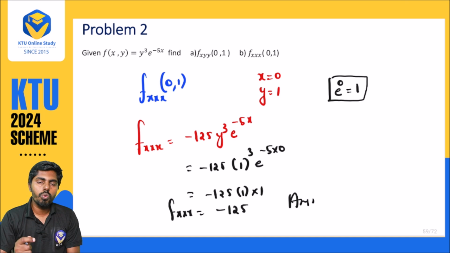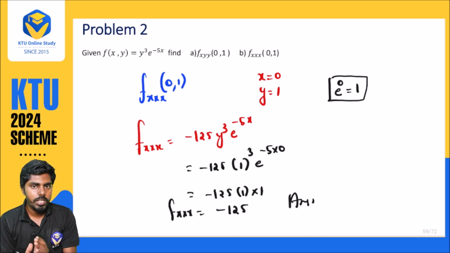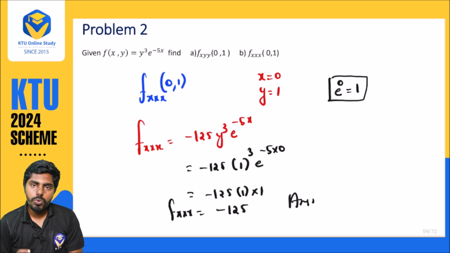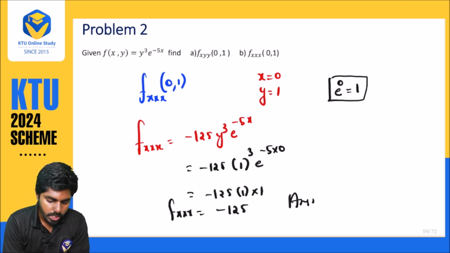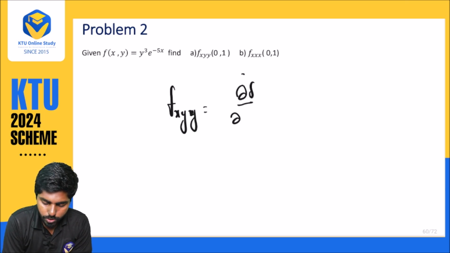Higher order means you want to take the partial derivative again and again according to the order. If they are asking about x, it is with respect to x; for y, with respect to y. You want to break down the question. If they are asking about f_xyy, you write the third-order derivative as del cube f by del x del y square.